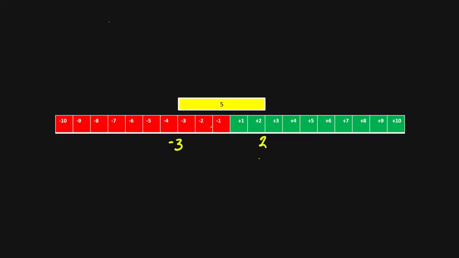And our pattern was that we take the right number, and from that we subtract the left number. So in this case, that would be right minus the left equals 2 subtract a -3, and I put that -3 into the equation, and that has to equal 5.